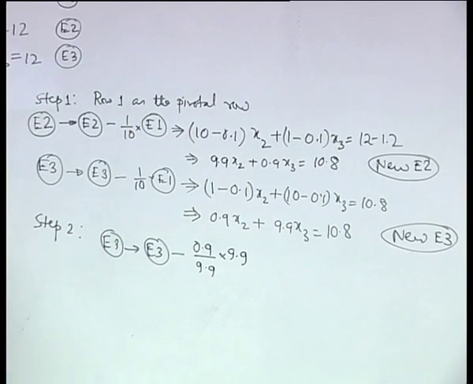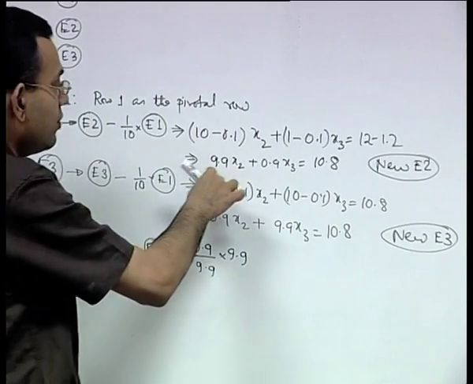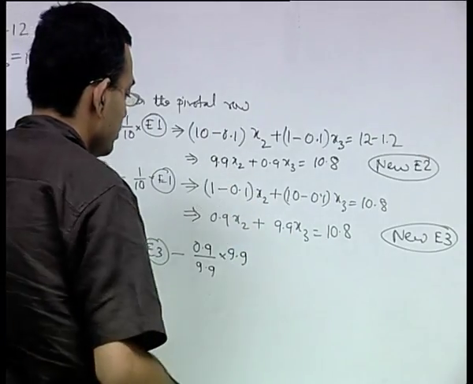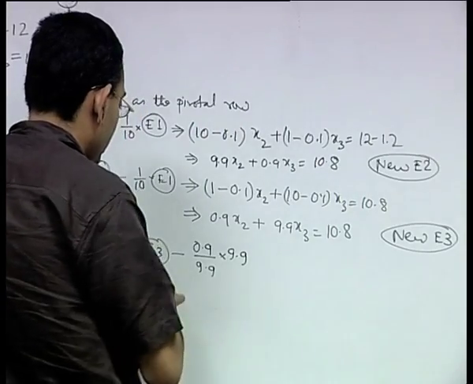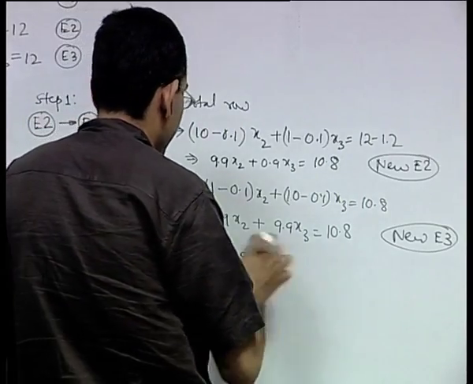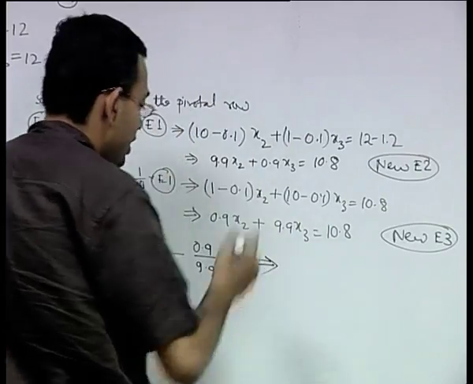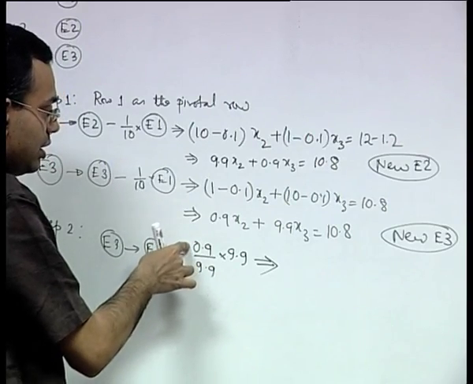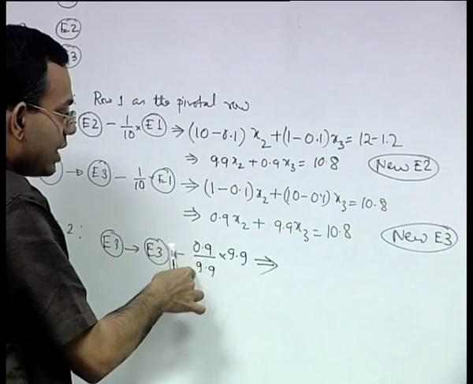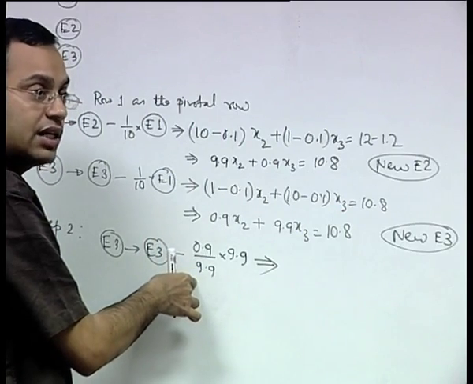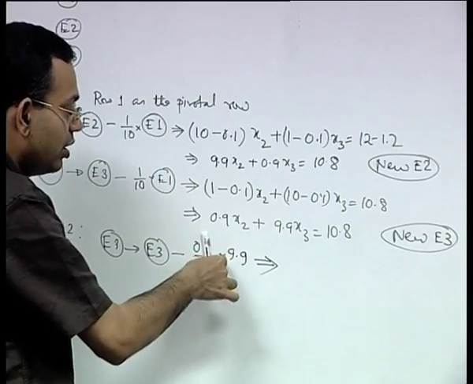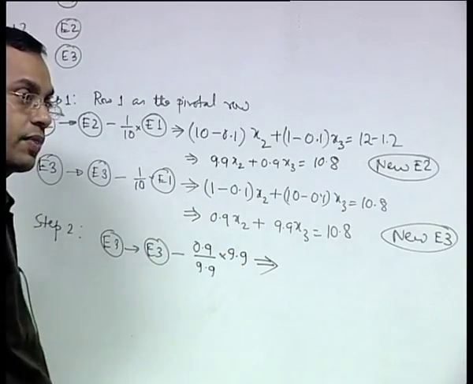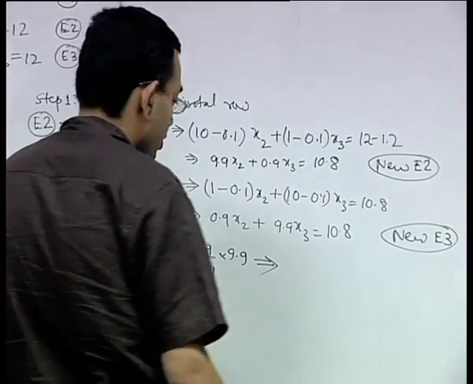That converts this 9.9 to 0.9. So remember, when we generalize we keep this in mind: the coefficient divided by the pivotal coefficient, that is the diagonal coefficient of the pivotal row, multiplied by the corresponding term in the pivotal row. That is what we are doing.